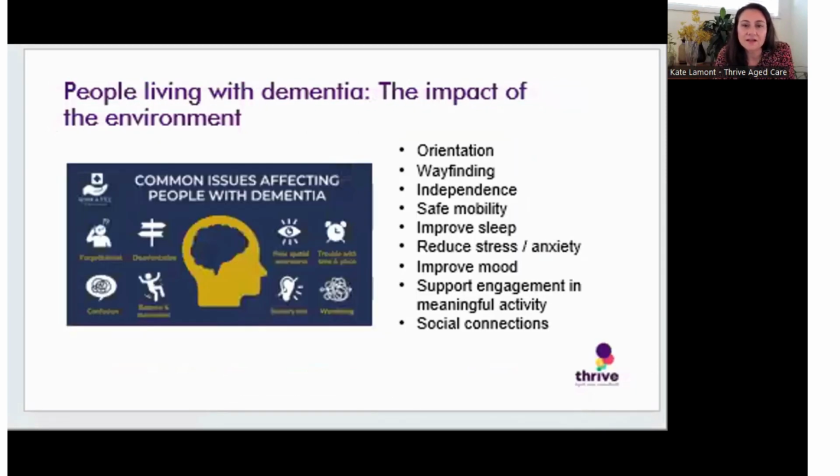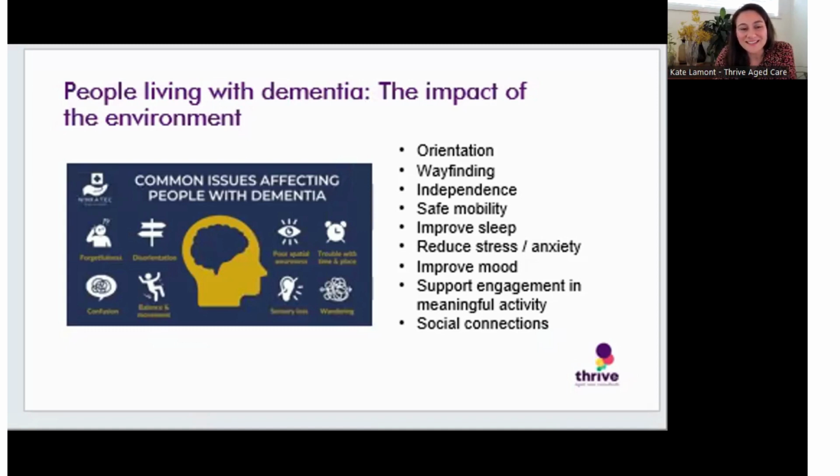When we think about senses and cognitive changes occurring in a person with dementia's brain, we're thinking about how they're taking in information, how they're processing that information. That can lead to us seeing certain responses or behaviours for that person with dementia.